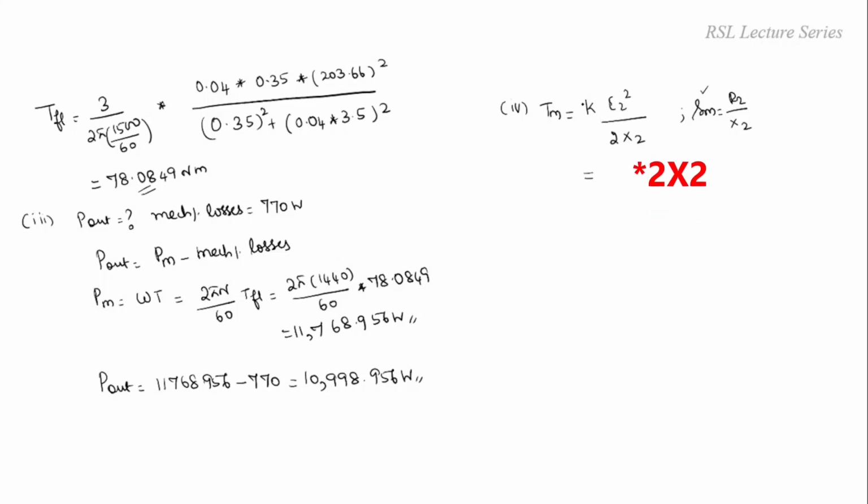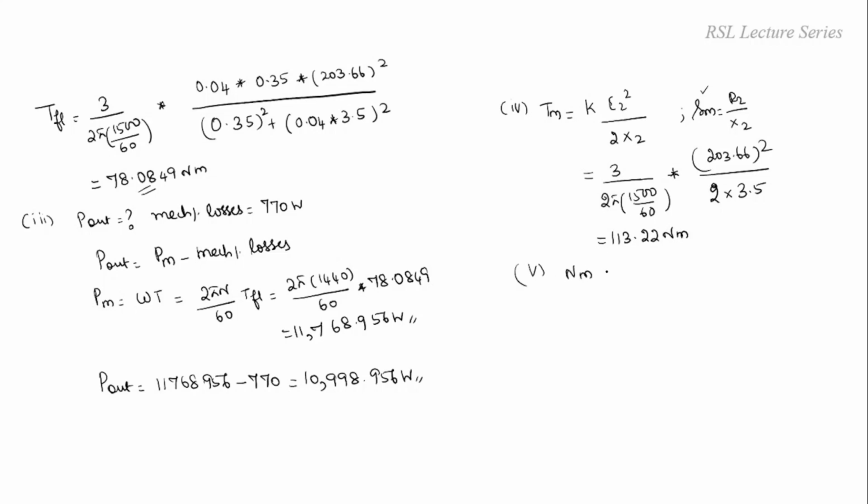K we already know, 3 divided by 2 pi ns. So 3 divided by 2 pi into 1500 divided by 60, and E2, the phase value we have already found, 203.66 whole square, divided by 2 into X2 value, given as 3.5. On simplification we will get 113.22 Newton meter.